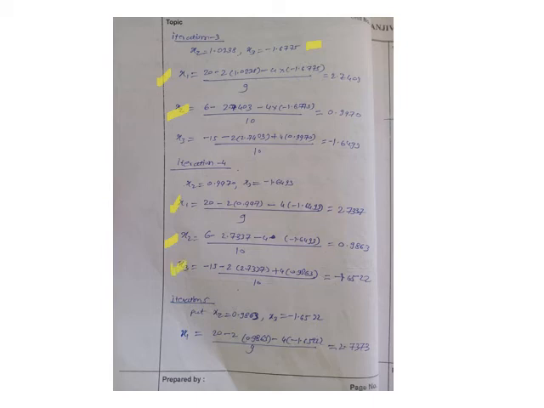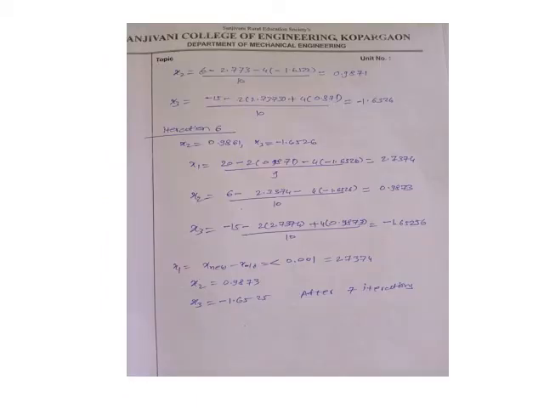So this is iteration number 4. Similarly, we will continue for iteration number 5, 6. Okay, and after iteration number 6, we observed that the difference between two consecutive values of x1 in the two iterations is less than 0.001. So we stopped there and we declared that these are the answers.